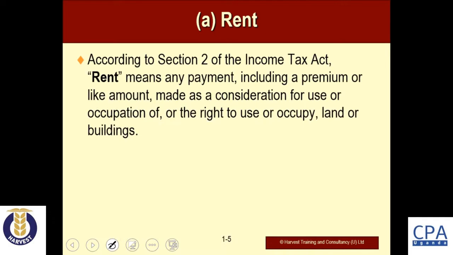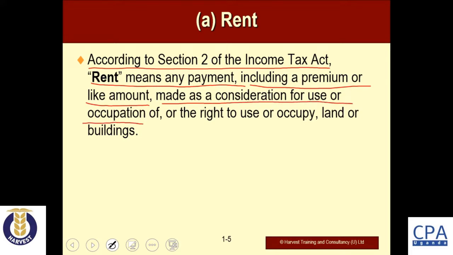According to Section 2 of the Income Tax Act, rent means any payment, including a premium or like amount, made as a consideration for use or occupation of, or the right to use or occupy, land or buildings. That is our definition here, coming from Section 2 of the Income Tax Act.